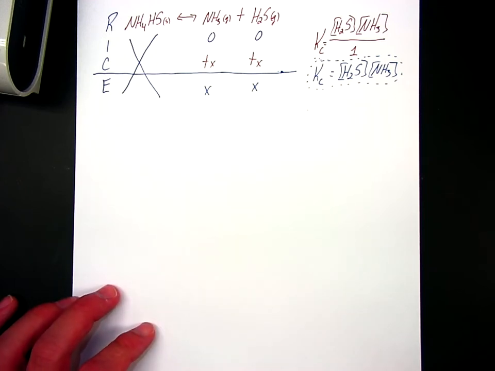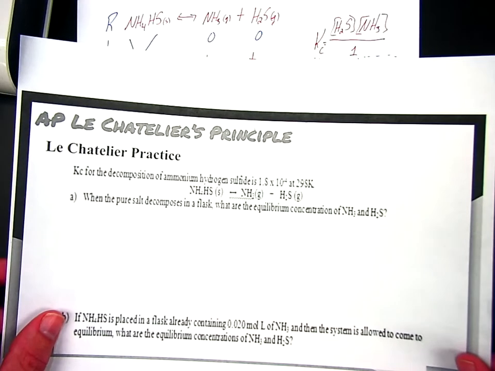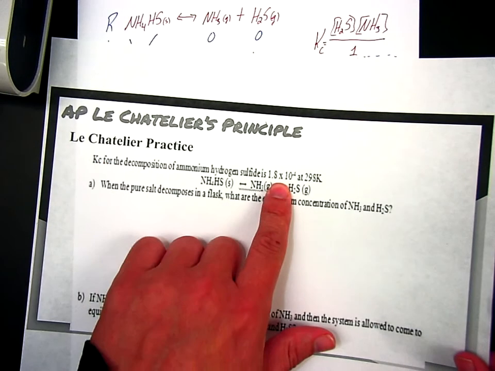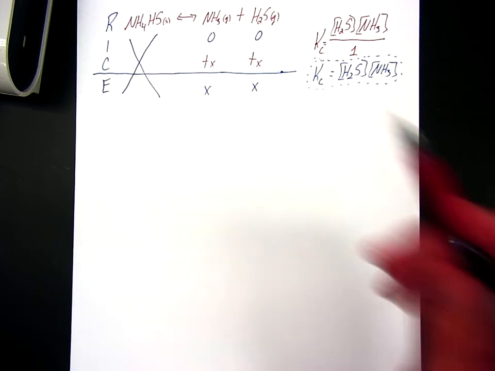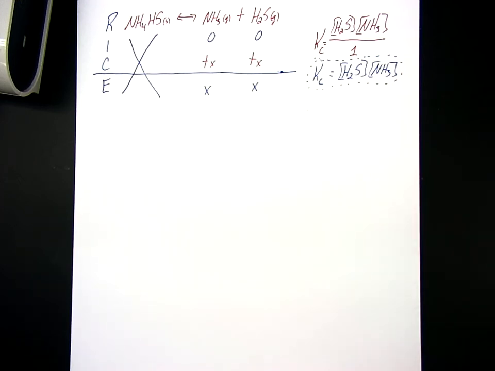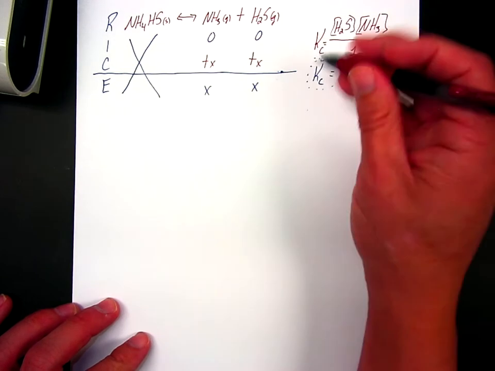All right, so now we can substitute in. If we go back to the problem, you'll see that it does give us a K value, right? It says Kc is 1.8 E negative 4. And we know that usually being given K is bad news, but you'll see that this time it's a little different because of this solid. So I'm going to plug in.